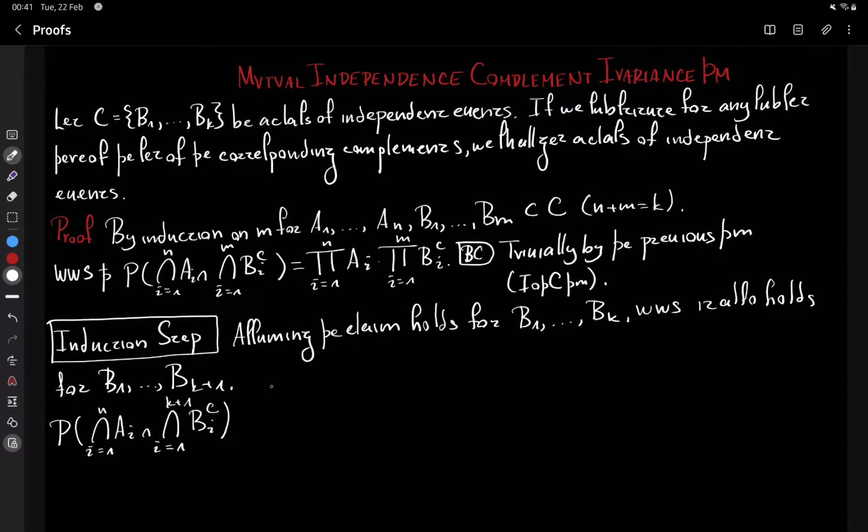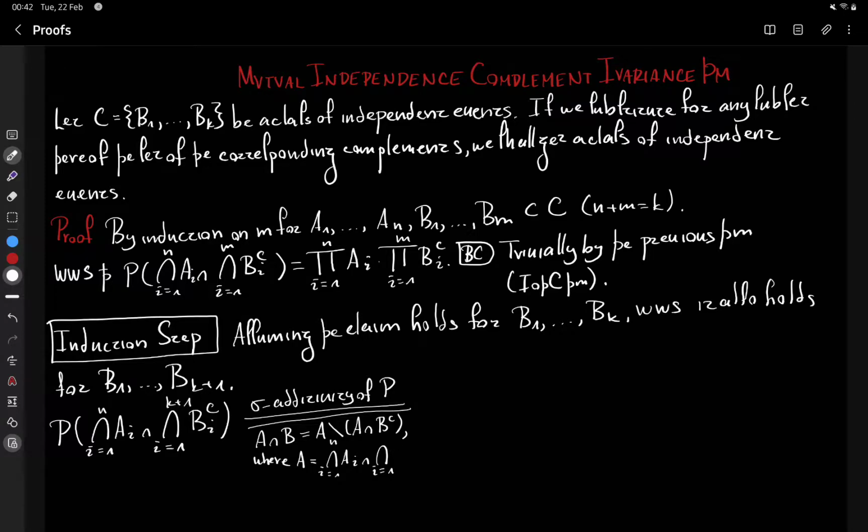So we shall use sigma additivity of probability and the following formula: A intersected with B is equal to A without A intersected with B complement, where A is the intersection of all the A's and all but one B. Why are we splitting it like this?